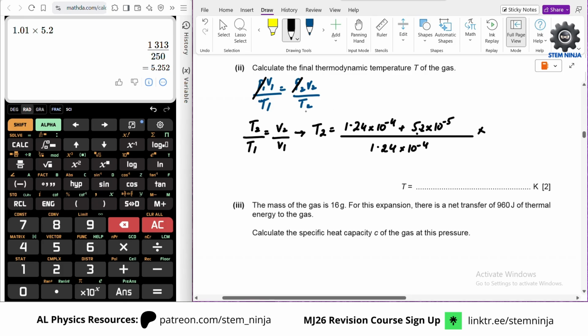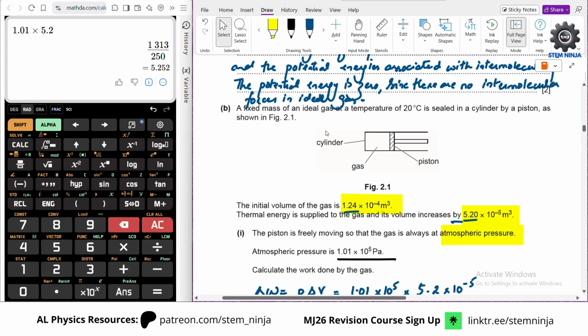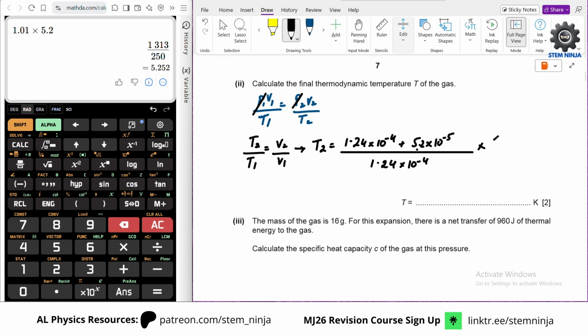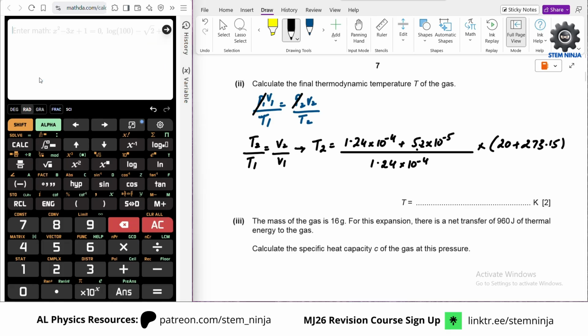And temperature 1 was 20 degrees Celsius, so 20 plus 273.15, that's what we need over here. So we have 1.24 × 10^-4 plus 5.2 × 10^-5, divided by 1.24 × 10^-4, and this is all times 293.15.